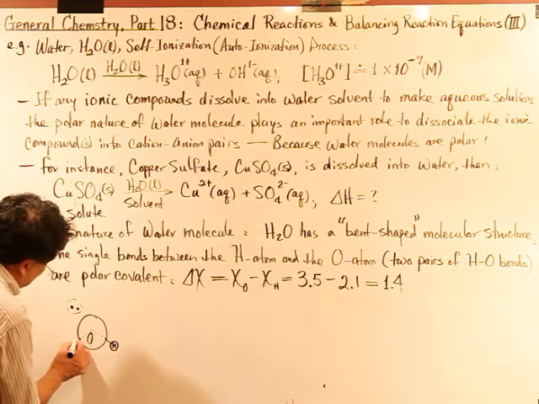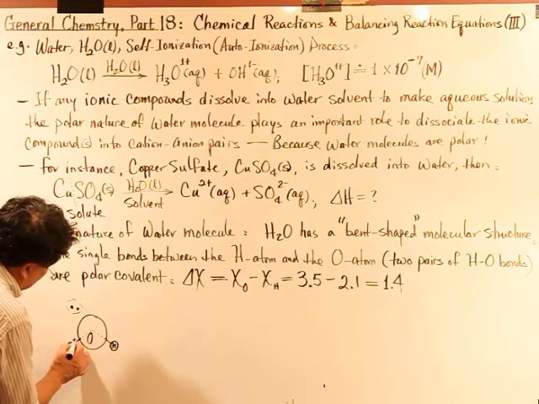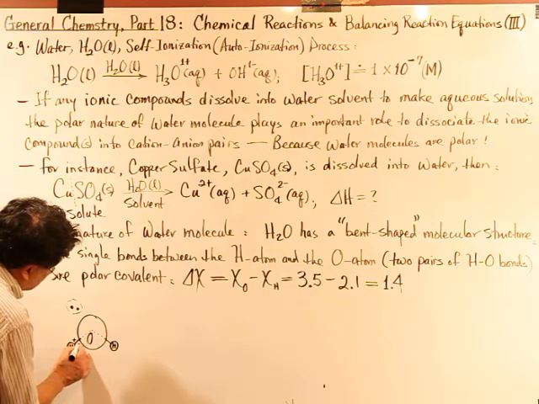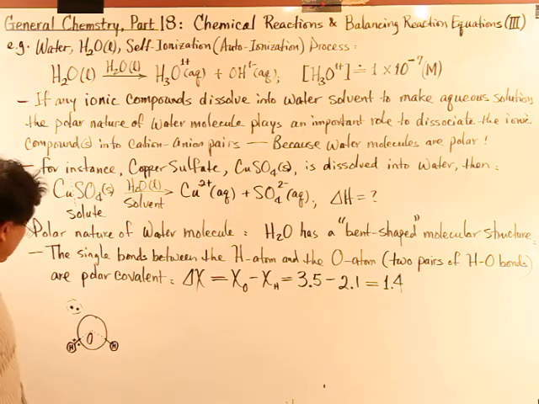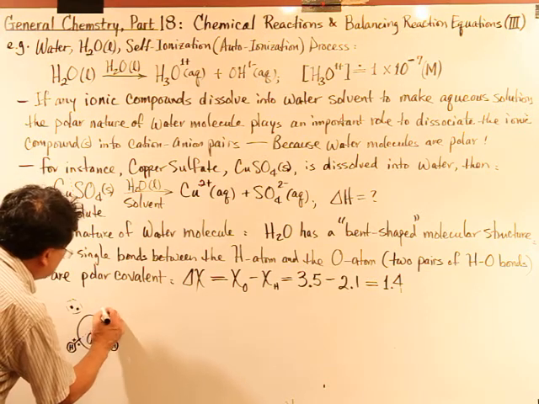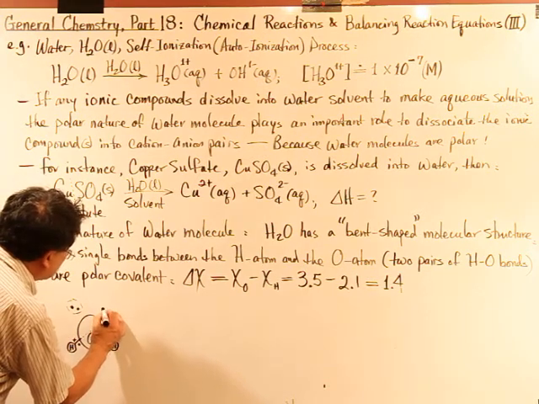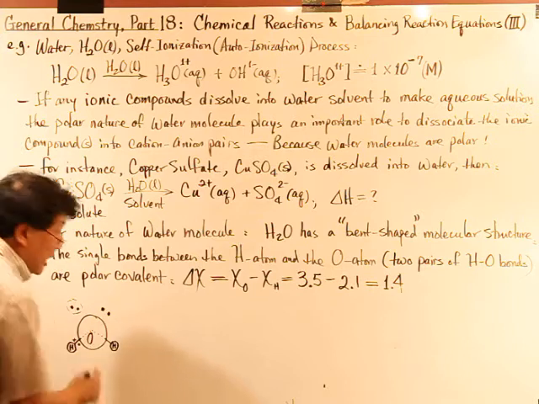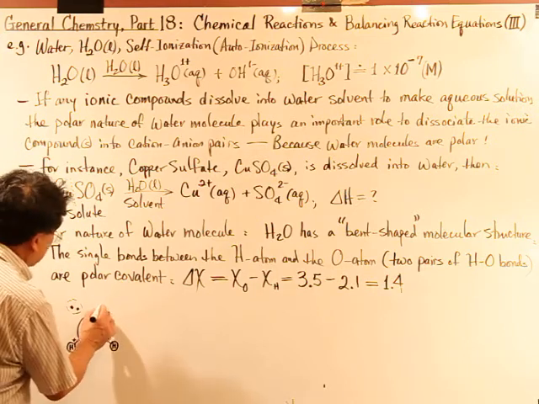There are 2 bonding electrons, one from a hydrogen, let's put a cross, and one from oxygen, the dots down there, forming a bond. And then here are 2 more from oxygen, non-bonding or lone pair.